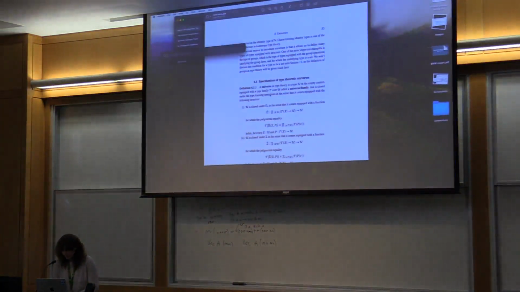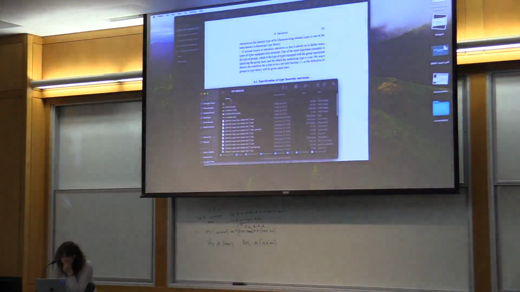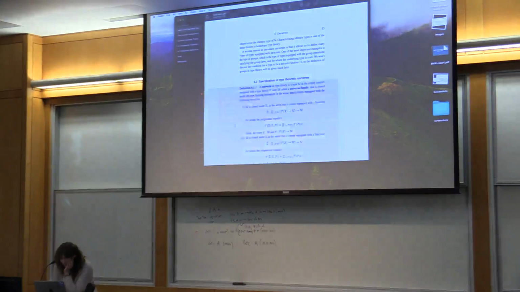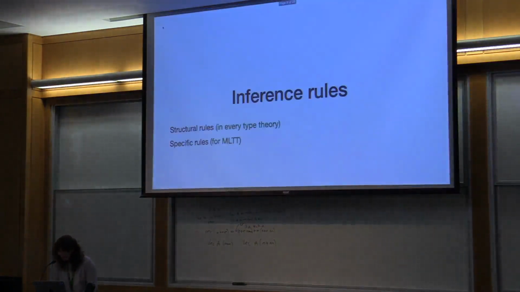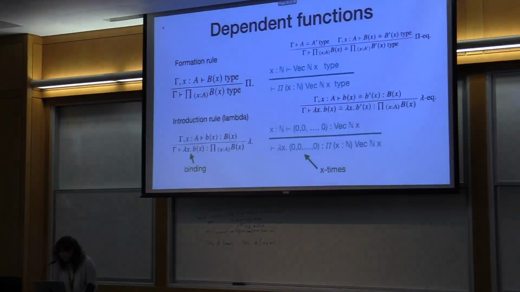I can just show you the slides from Martin-Löf type theory, right? I have them here somewhere. Yes, good. So the lambda introduction rule is somewhere. This is the lambda introduction rule.